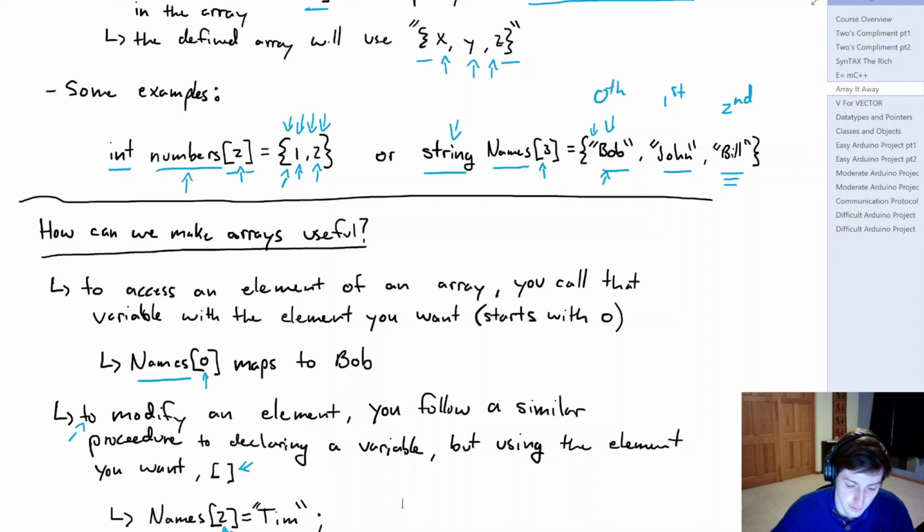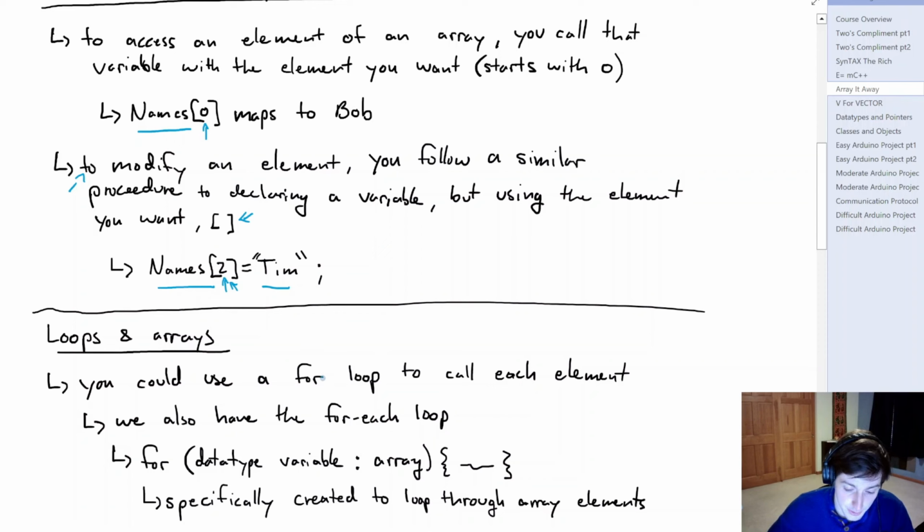Now we're not just limited to accessing one element of an array, we can access multiple elements, or we can tie things in from previous videos and look at loops and arrays. Now to call each element for an array, you could use a for loop, and that's perfectly fine.